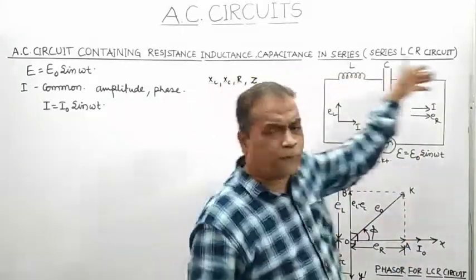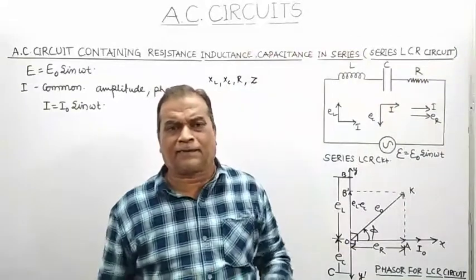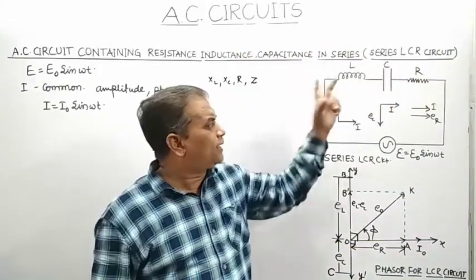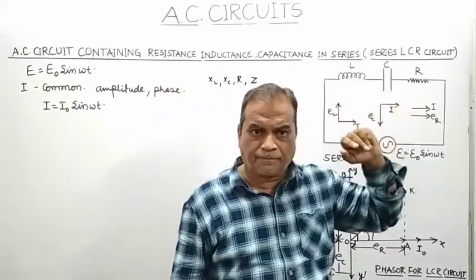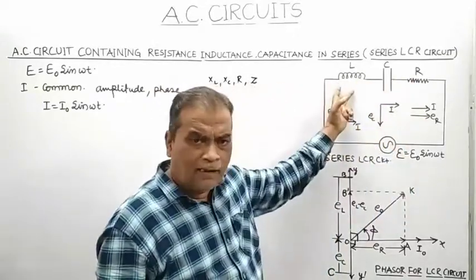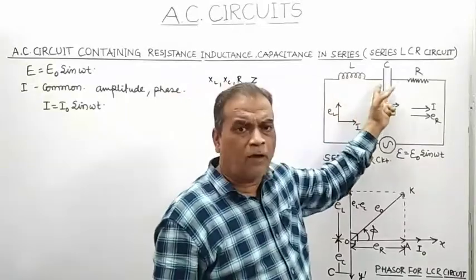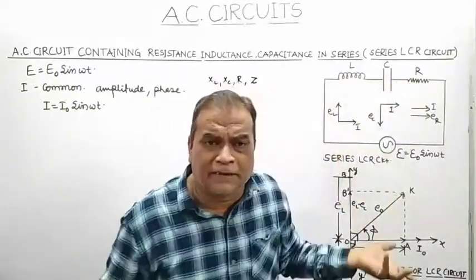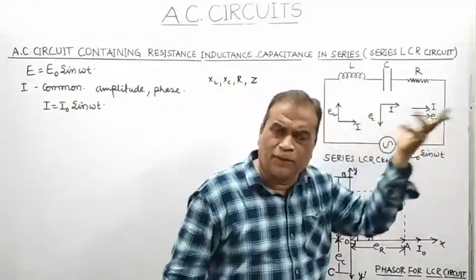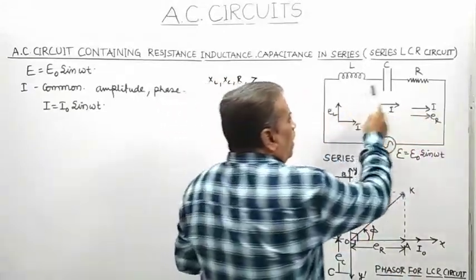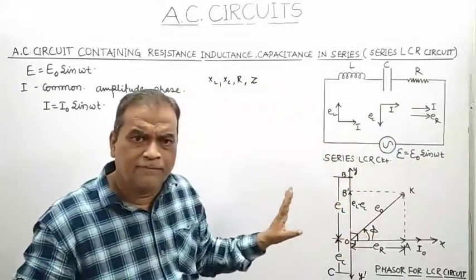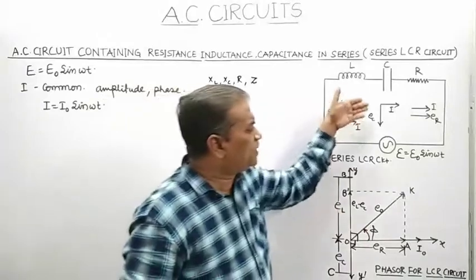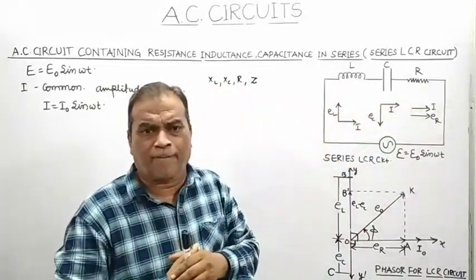Now, even though the current flowing through L, C and R is the same, remember that the voltage drop across L or C or R will have a different phase relationship with the current flowing through them. The current flowing through all three elements is the same, pointing in the same direction, so their amplitude and phase are the same.